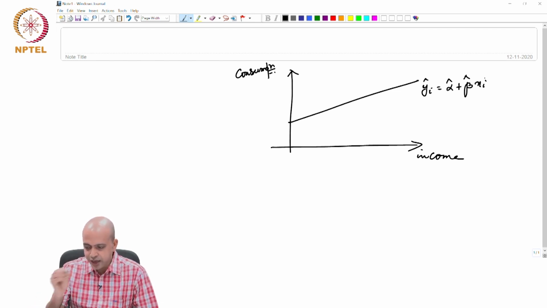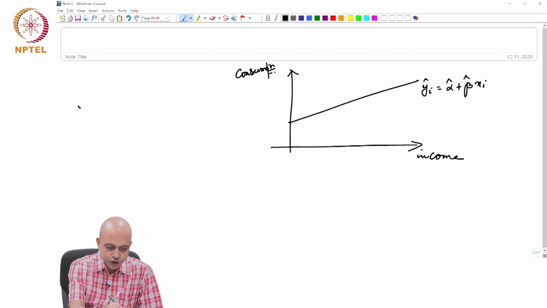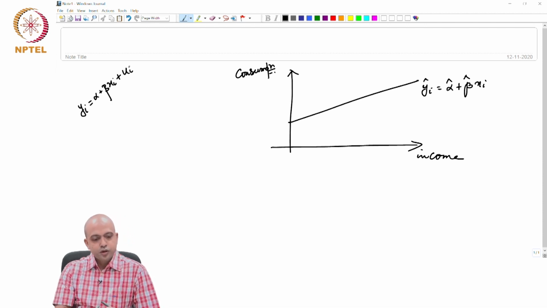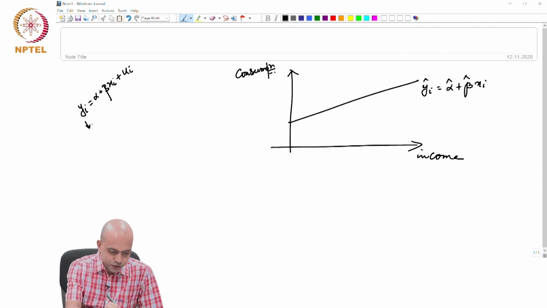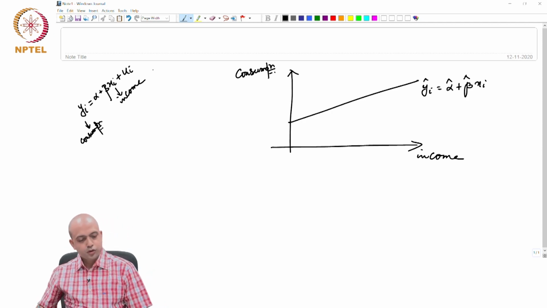Let us say this is the line you have estimated, and your original equation was yi equals alpha plus beta xi plus ui, okay, where y is basically consumption and x is your income, right.